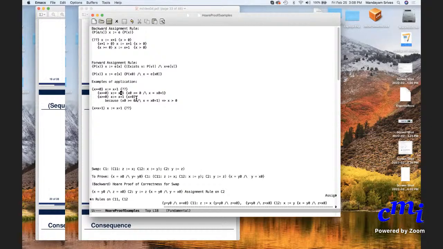Now this satisfies x greater than 0. Why? Because x naught is greater than or equal to 0 and x is equal to x naught plus 1 means x must be greater than 0. So you see, the two things are equal. So you could either do it this way or the other way.